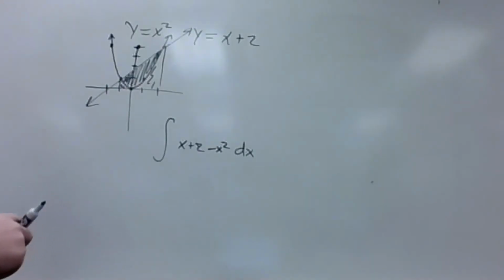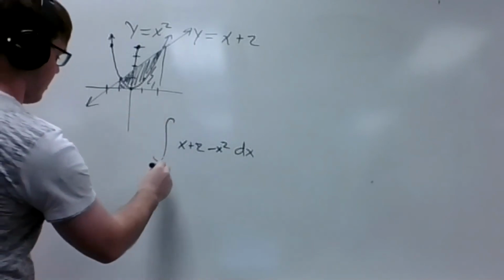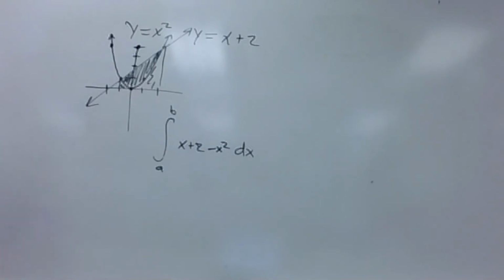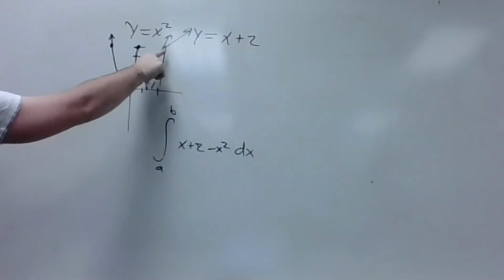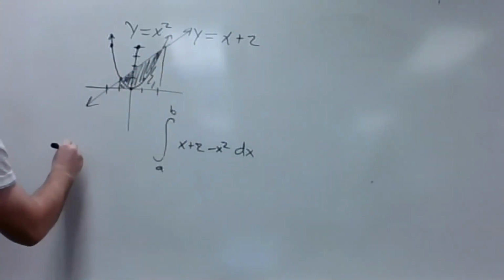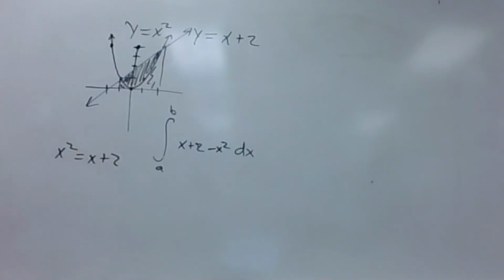But this is going to be a definite integral since we have to evaluate it, so we've got to find bounds, our a and our b. A simple way that I like to set this up is to find the x values where these curves intersect, and an easy way of doing that is setting the equations equal to each other. So we have x squared equals x plus 2, and we want to find where this statement is true.